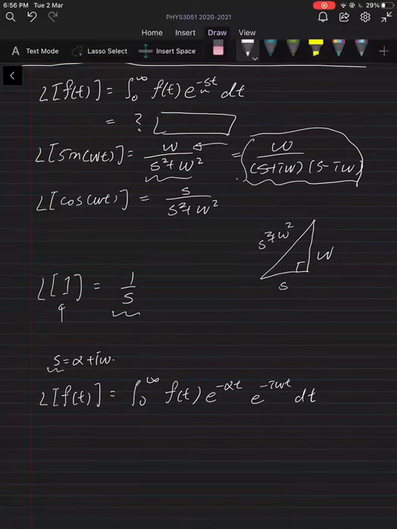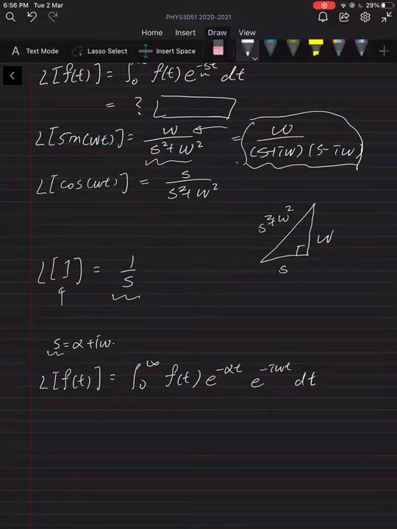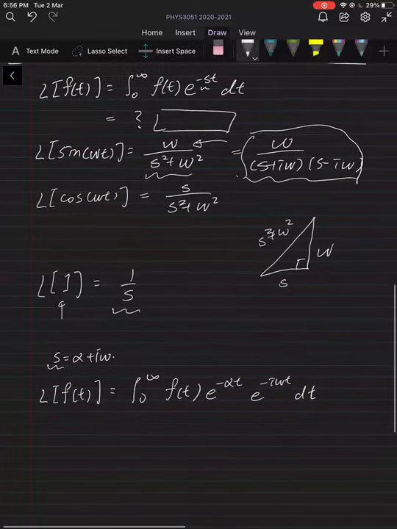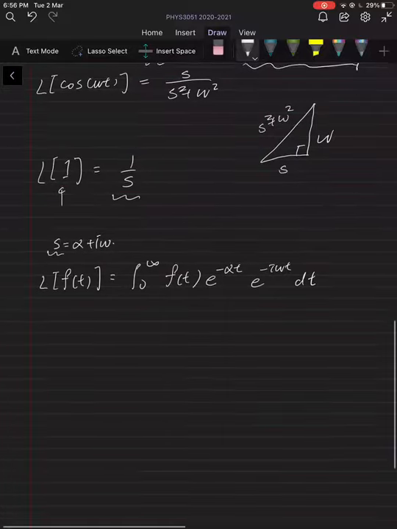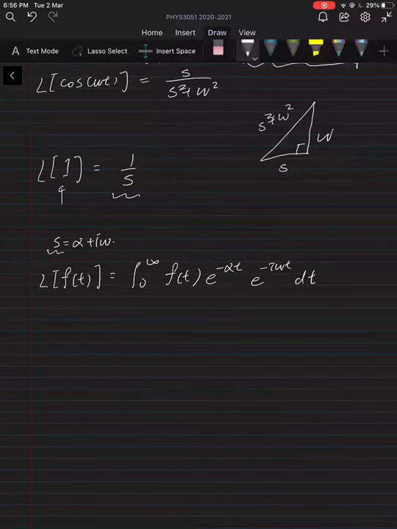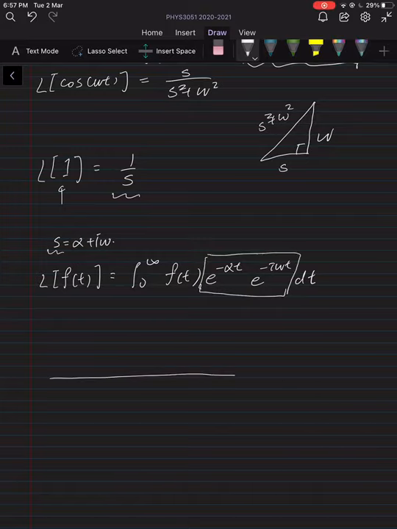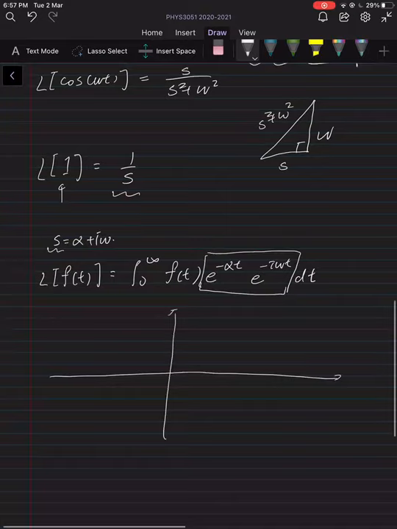Right, so what you are doing here is actually doing a sort of product between the function f of t and exponential function. So imagine you have a time series. Maybe it looks something like this.